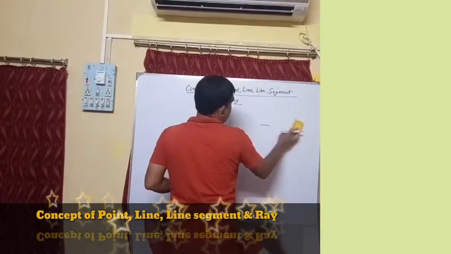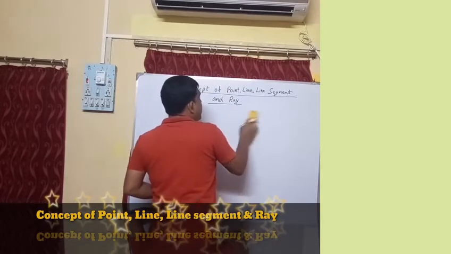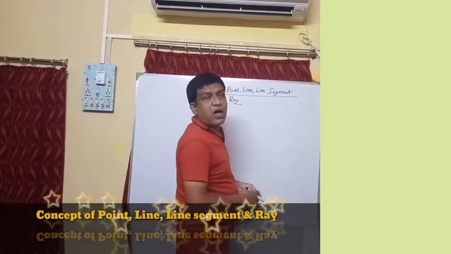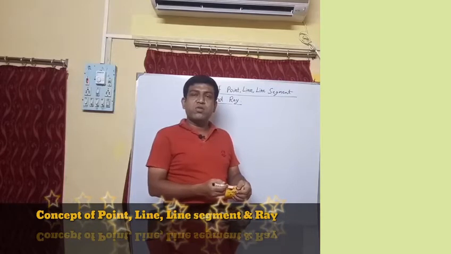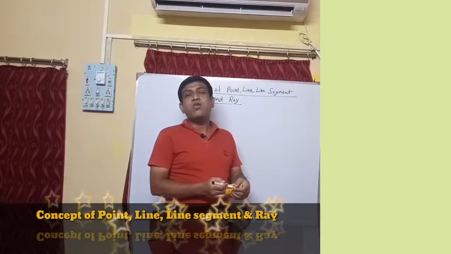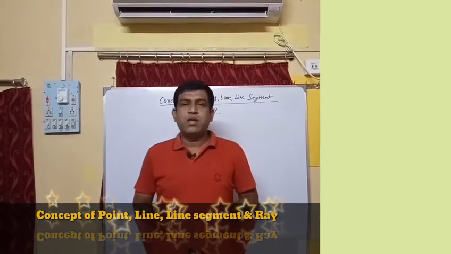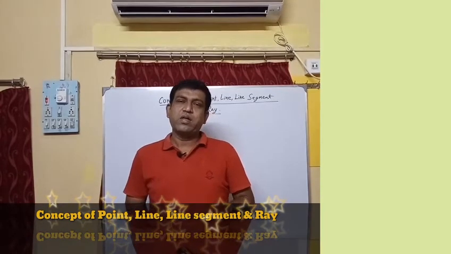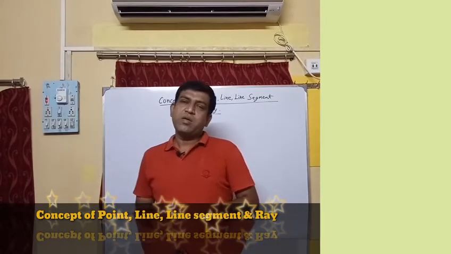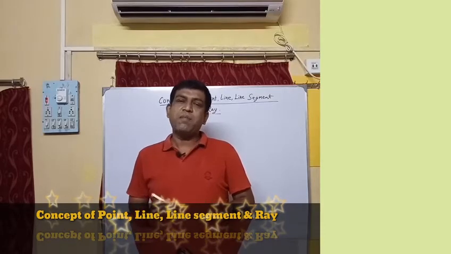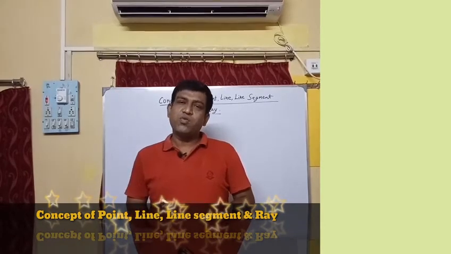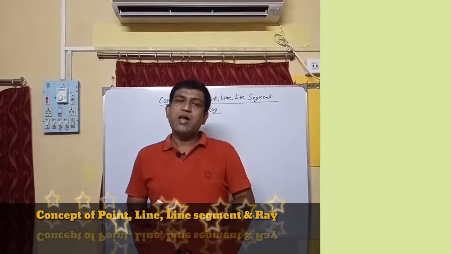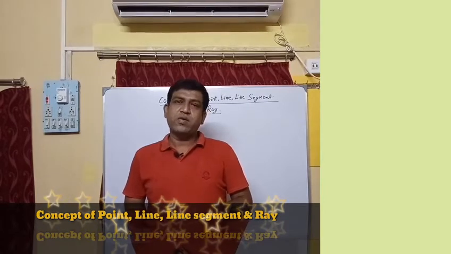Next, the question is how many lines can be drawn through three non-collinear points? At first you have to know what collinear points are. If three points lie on the same line, they are said to be collinear points.